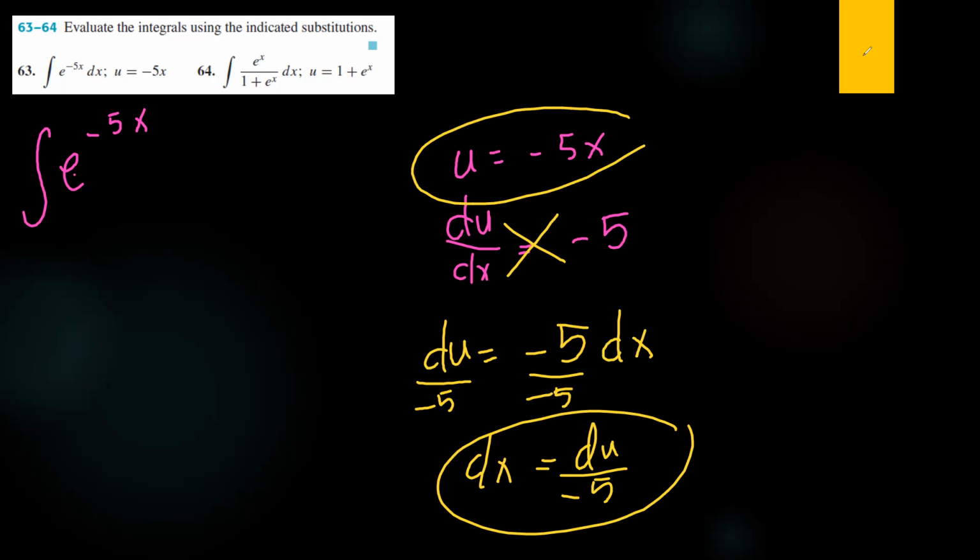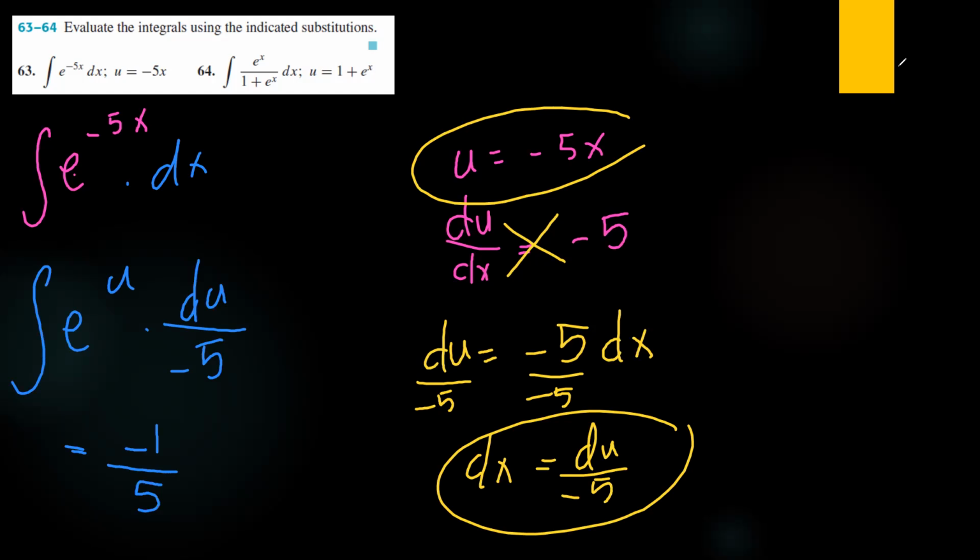Now let's come back here. So integration of e to the power negative 5x, replace it with u. And dx, replace it with du over negative 5. Or you can write it as negative 1 over 5, the integration of e to the power u du.